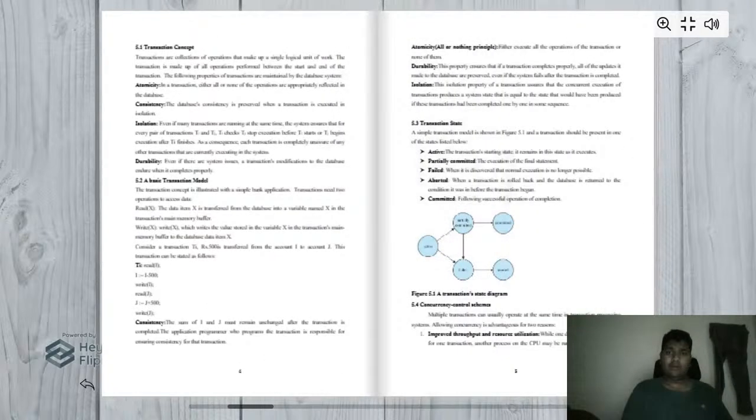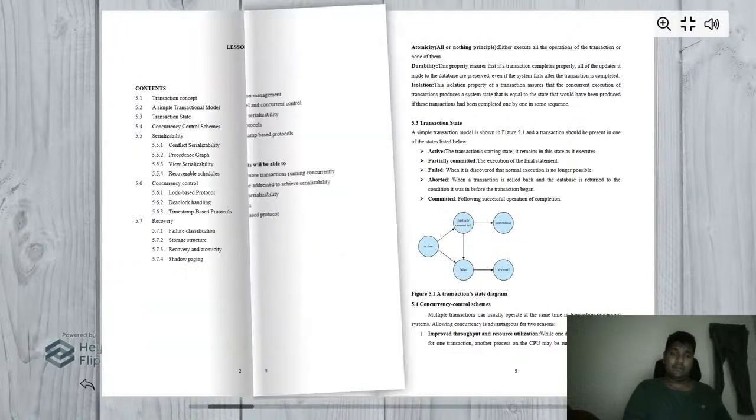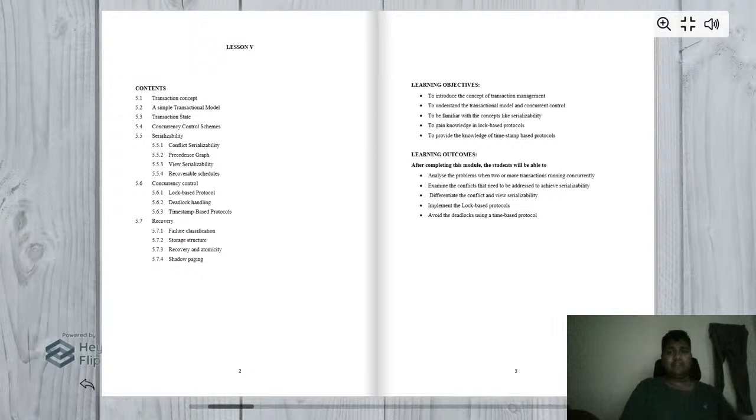So transaction concept. What is a transaction? In Unit 5 we will be seeing transaction management.